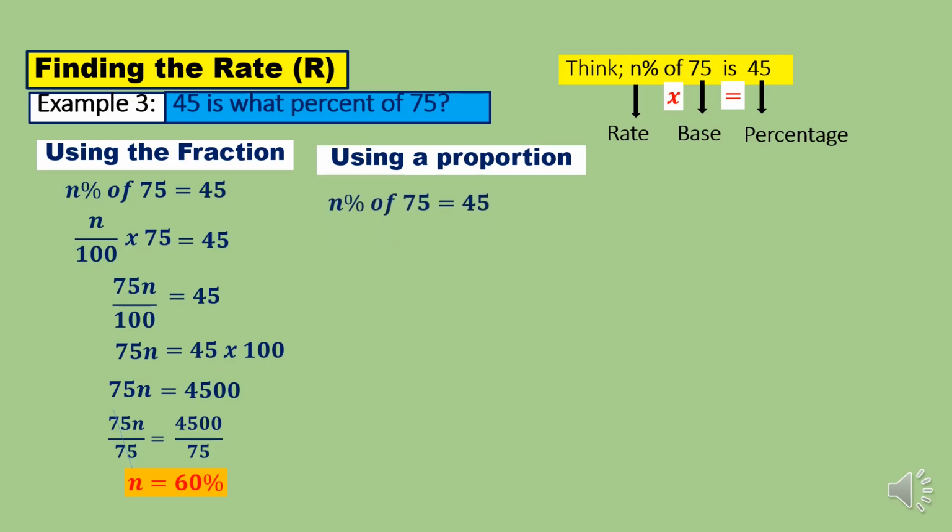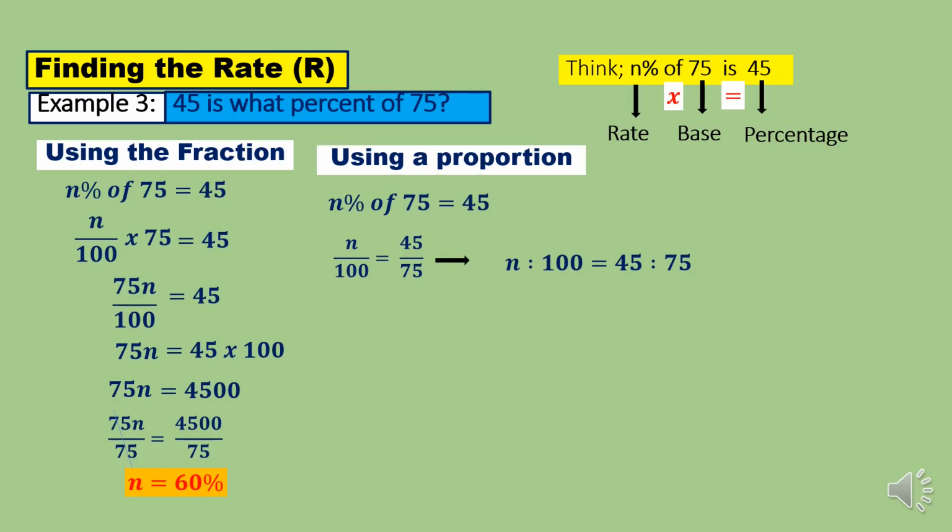In using proportion, n percent of 75 equals 45. N is to 100 equals 45 over 75 or 45 is to 75. Change natin sa column form.